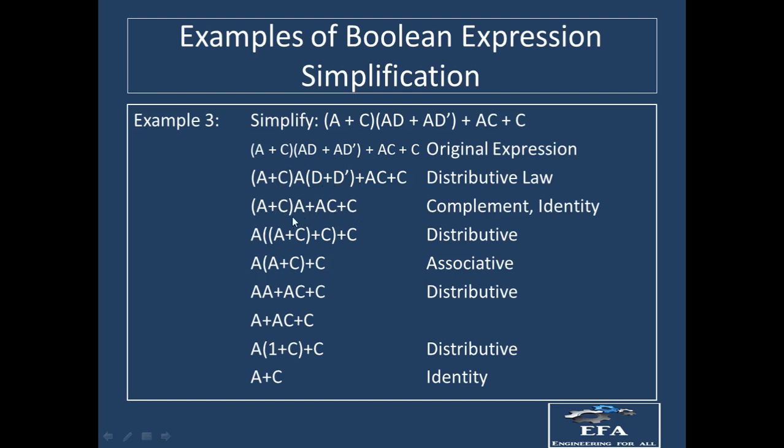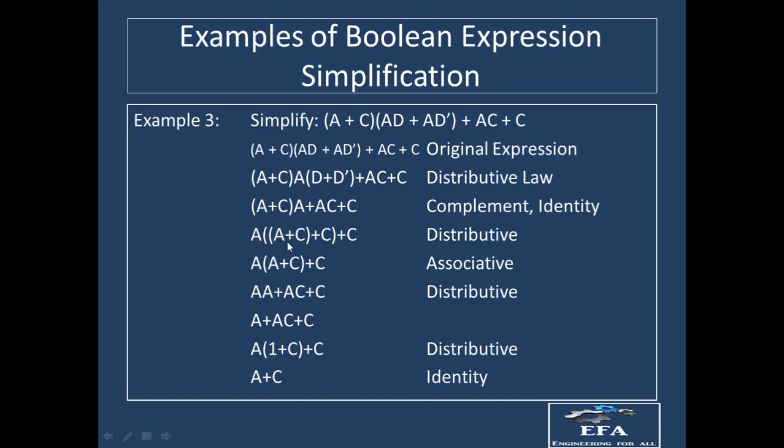If we look at this part of the expression, a plus c can be taken as a single term. Let us say this is equal to x. So we have x into a plus ac plus c. If we take a common from xa plus ac, this will be a into (x + c).